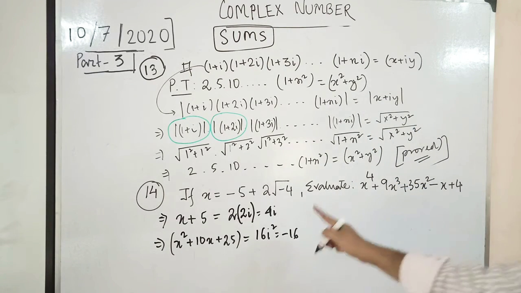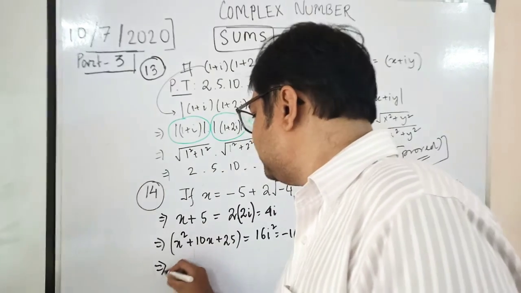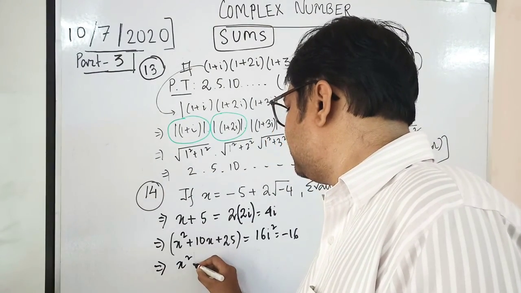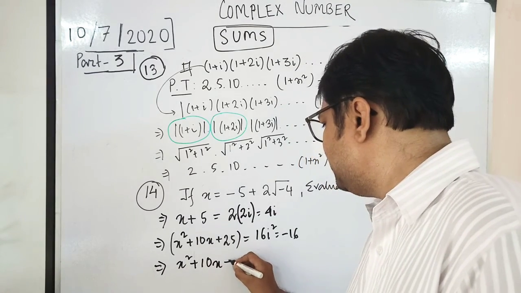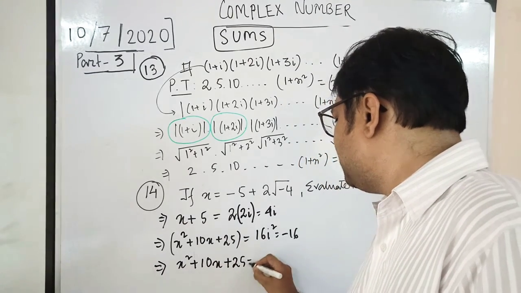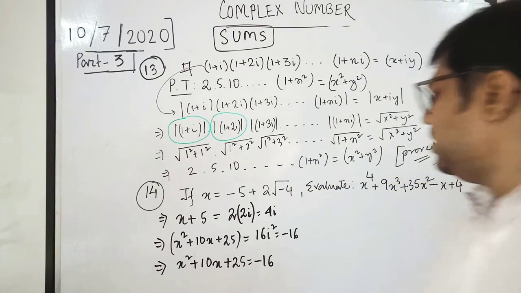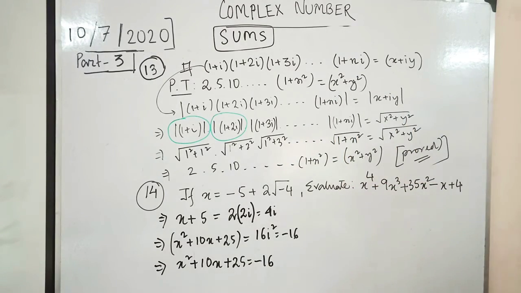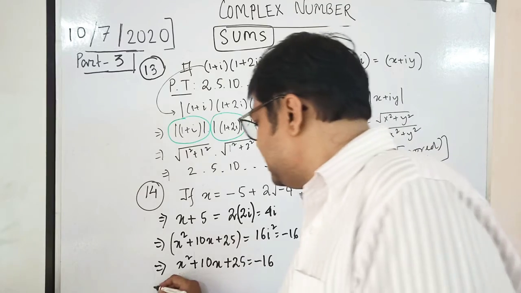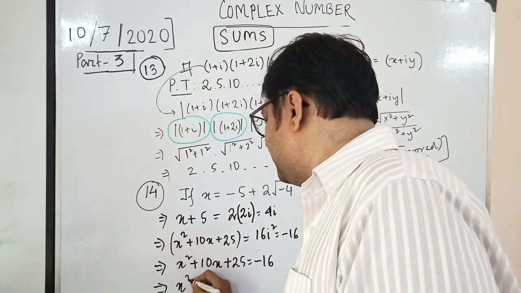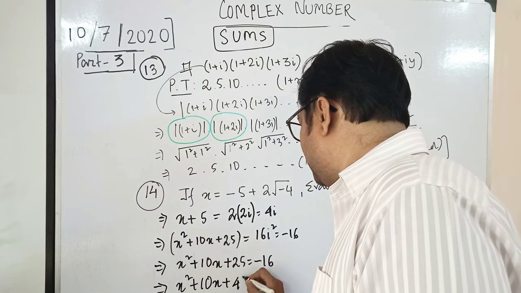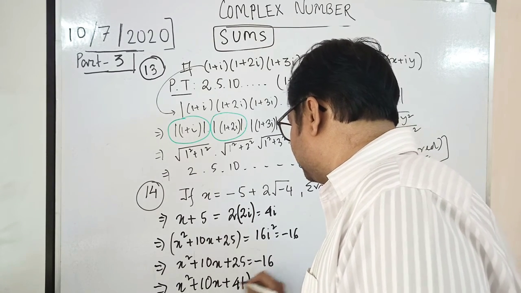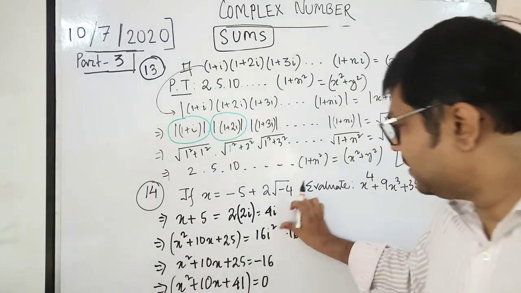Now if I move this thing to this side, I'll get x square plus 10x, I'll write it nicely, equals minus 16. Then if you move this minus 16 to this side, you will get a factor which is x square plus 10x plus 41 equals 0.